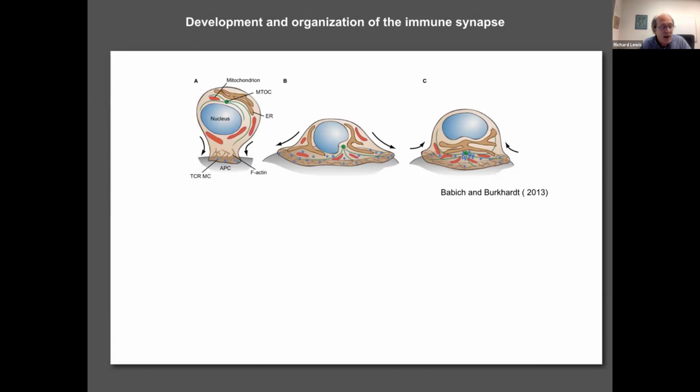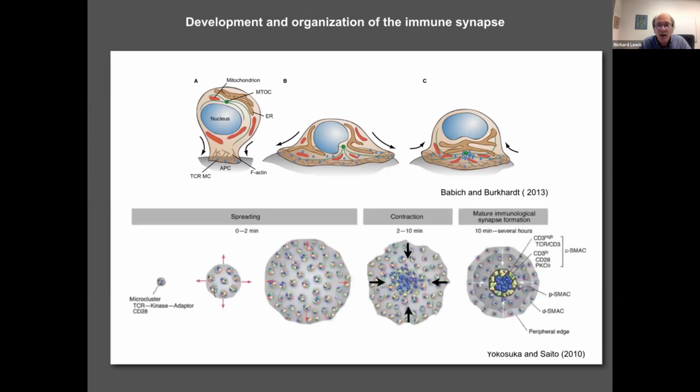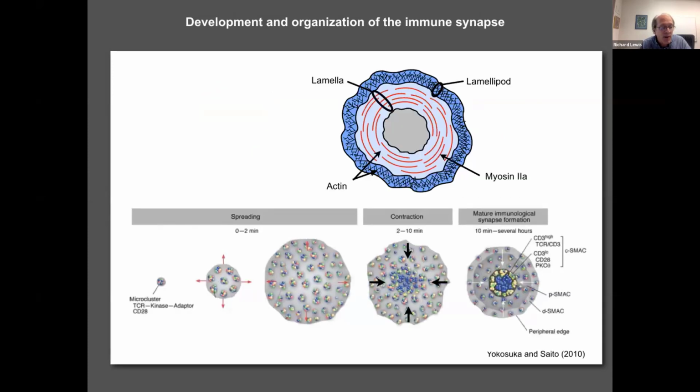At the synapse, actin reorganizes into a branched lamellipod at the periphery of the synapse, with circular arcs of actin containing myosin in the lamella. Actin treadmilling and arc contraction continually sweep TCR microclusters, shown here, from the periphery towards the center of the synapse, the so-called cSMAC, where they're endocytosed and then recycled to the periphery.